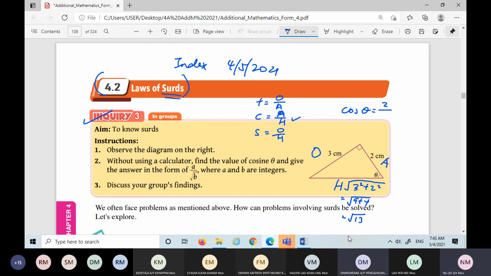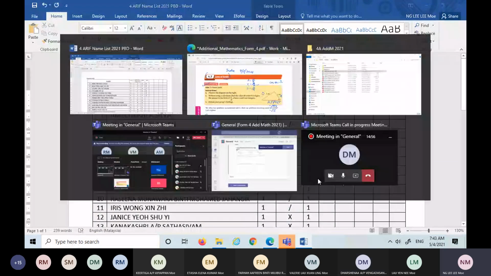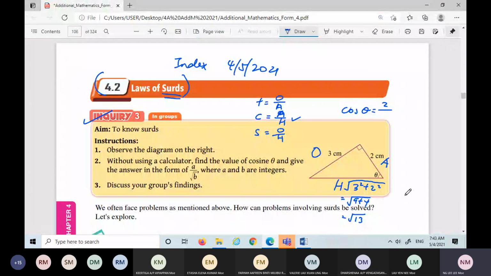So the H is the square root of 13. If you press square root of 13, the answer is not an integer, not a whole number, so you can just leave it.